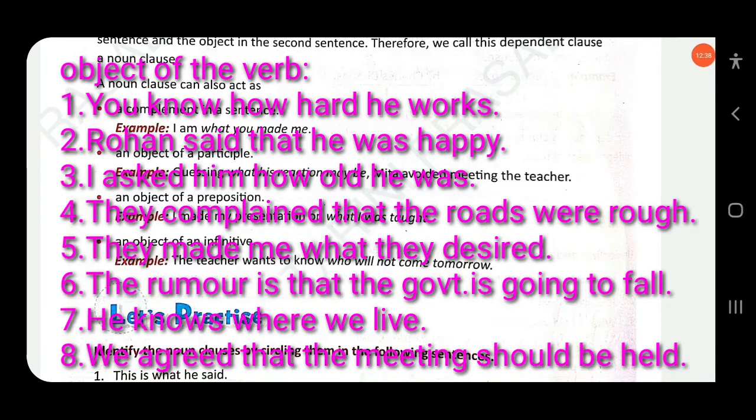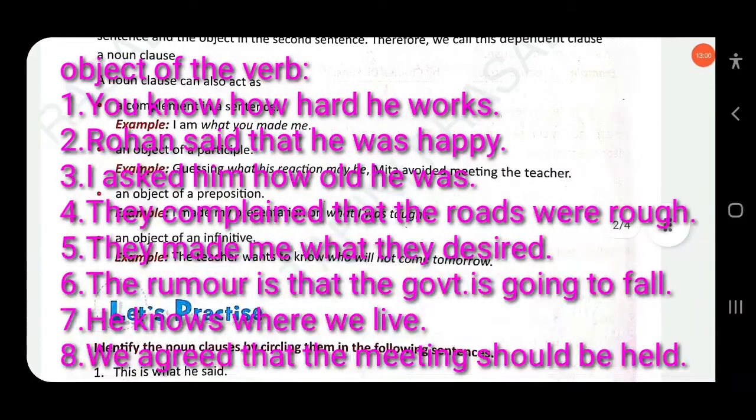Similarly, in this we can also find out the noun clause that functions as an object in the sentence. So take an example, how hard he works. Know what? How hard he works. So here how hard he works, this is a noun clause, and it functions as an object, not a subject.